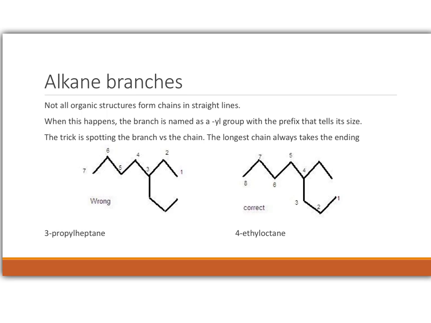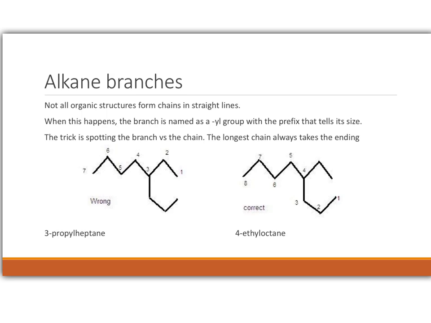So, when it comes down to branches, not all organic molecules are straight chains. They can get very complicated and have many branches coming off of them. We're going to stick to only branches coming off of the main chain, but when that happens, this is actually something you're kind of familiar with. Whenever we would name a branch off of a nitrogen, we'd call it like the N-methyl, N-ethyl, that sort of thing.